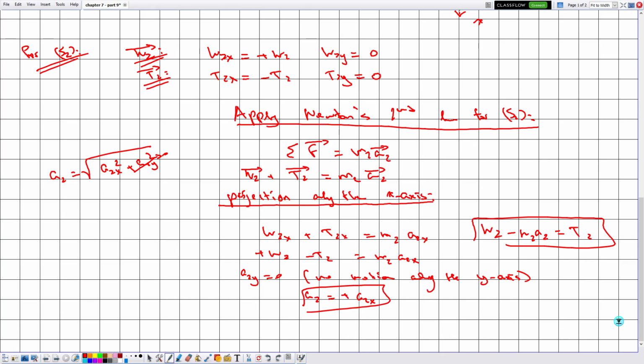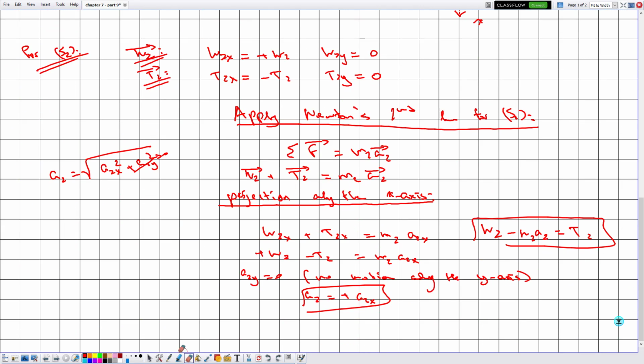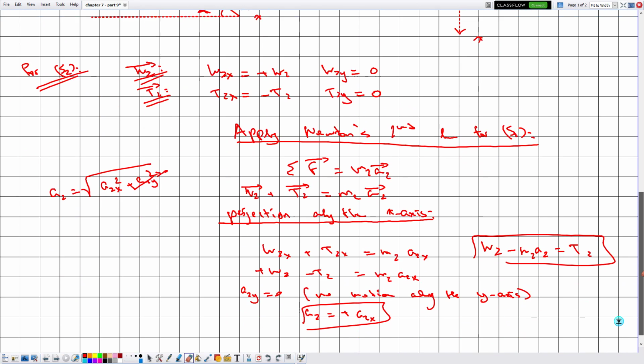Okay, so now we need to apply Newton's second law for the solid S1, which is the connection between S2 and S3.